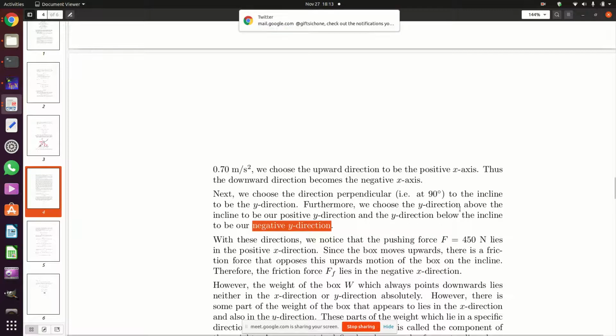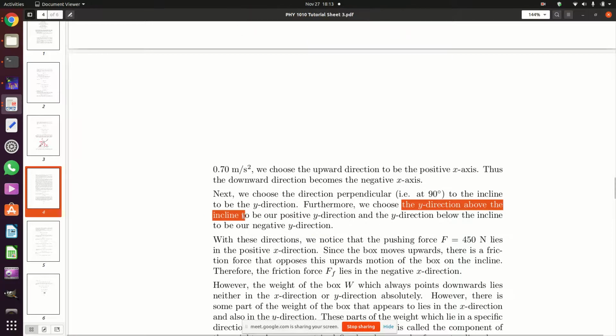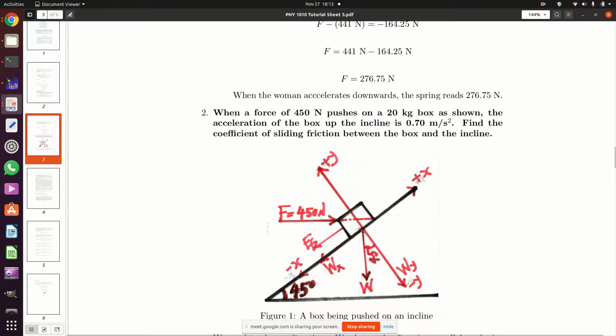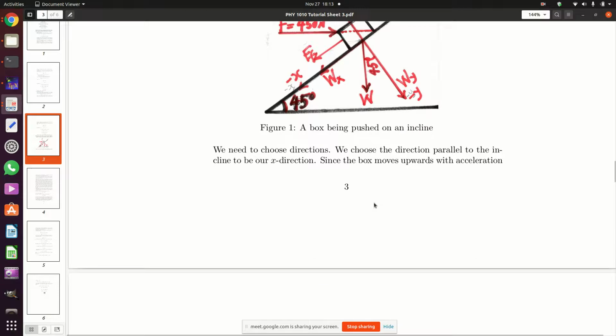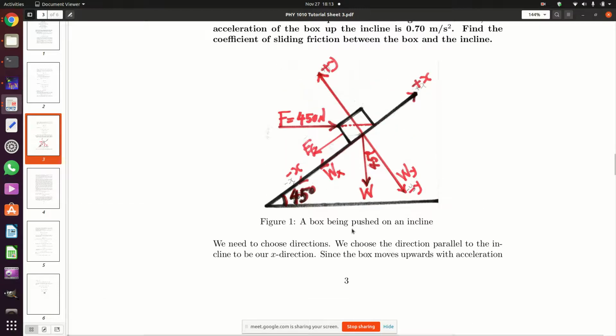In our case, we choose the part of the y direction above the incline to be our positive y direction. Then the part below the incline is going to be our negative y direction. So that's the first order of business, choosing directions on an incline.